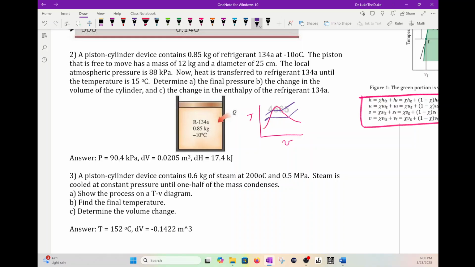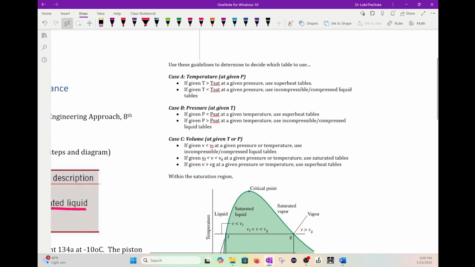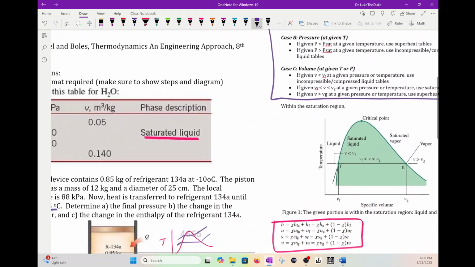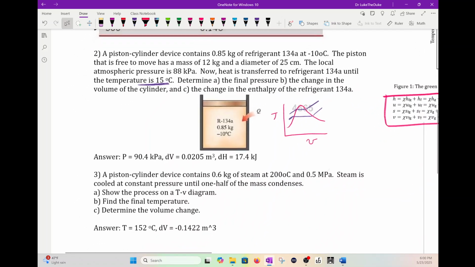You could follow that up. So if you know the final pressure, which is the initial pressure, and you know its final temperature, you can use these rules here to figure out where you are at state 2 and then label it, and then you can go ahead and find the other variables.